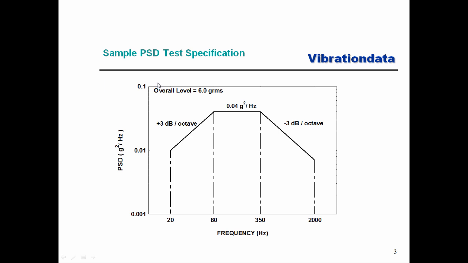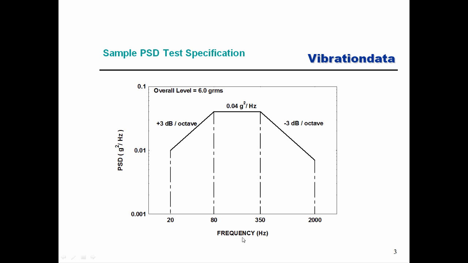So what we have here is a couple of things to note. It's a log-log format, so both the y-axis and the x-axis are in logarithmic form. The y-axis has g squared per hertz. Well, really that's GRMS squared per hertz, but it's abbreviated g squared per hertz.